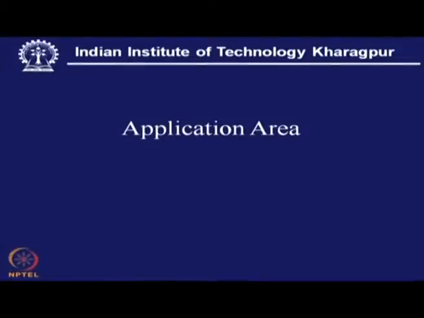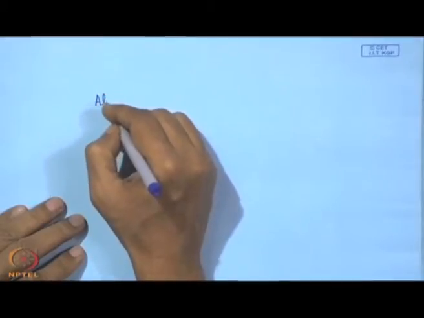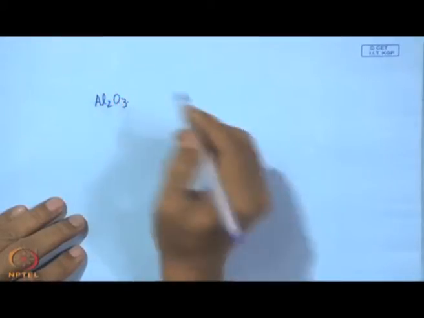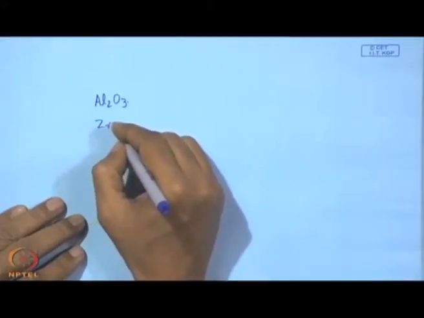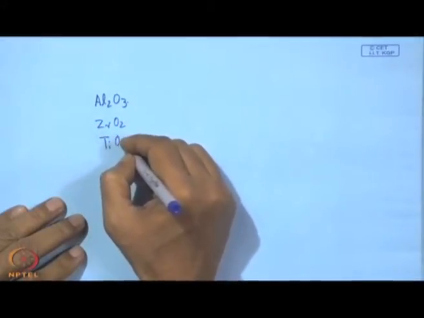Immediately it becomes another requirement, that means it comes from the ceramic family. From this ceramic family, the one which immediately comes to mind is aluminum oxide, zirconium oxide or their mixture, or say titanium oxide.